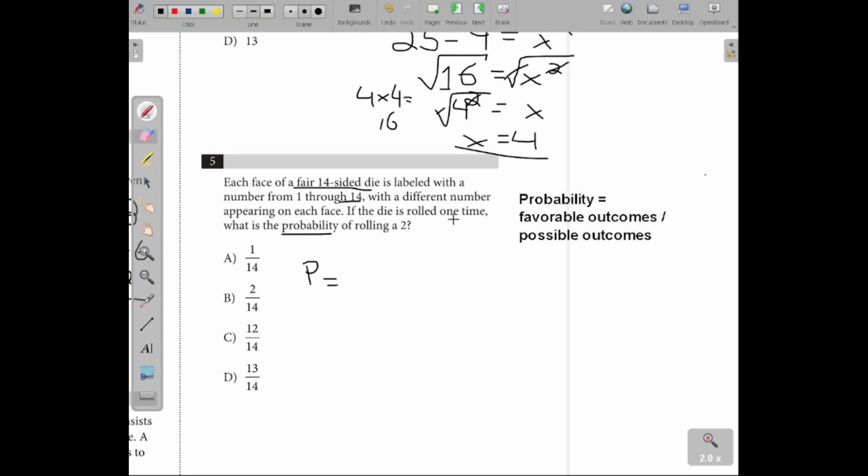If the die is rolled one time, only one time, what is the probability of rolling a 2? So the favorable outcomes is one possibility divided by the possible outcomes, that is 14. And that's our answer, A.